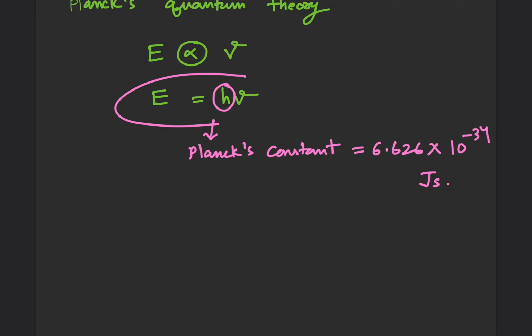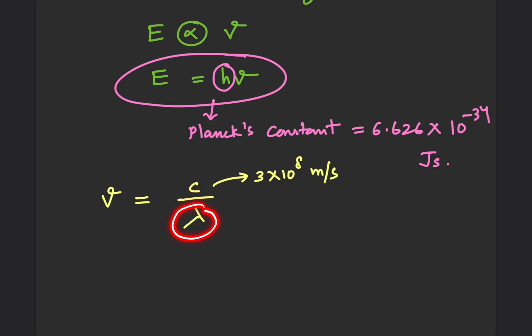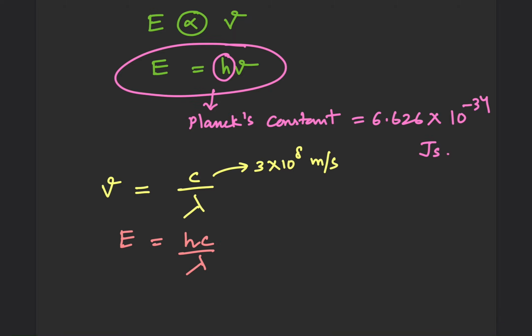In this particular formula, I can write nu, that is the frequency of the radiation, is equal to c by lambda, okay, where c is the speed of the radiation, which we take as 3 into 10 power 8 meter per second, and lambda is the wavelength of the radiation, okay. So therefore we can rewrite this formula into E is equal to h into c by lambda, okay.